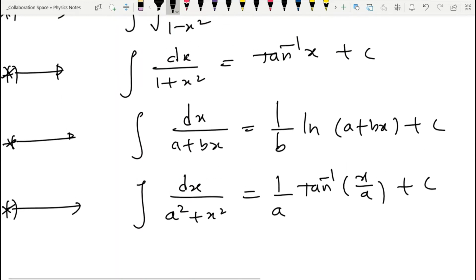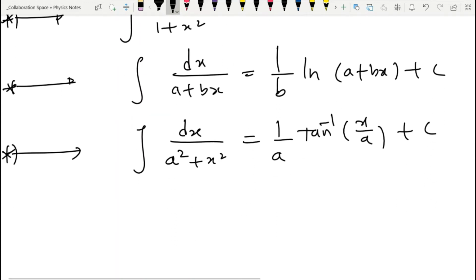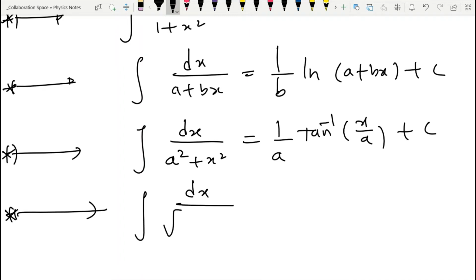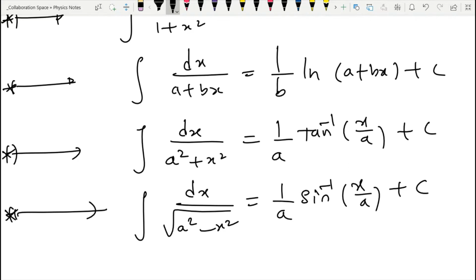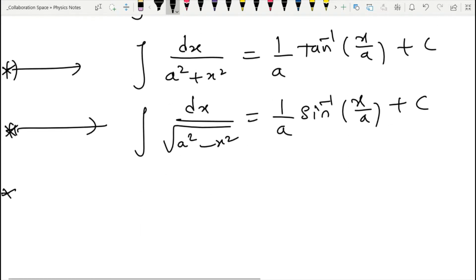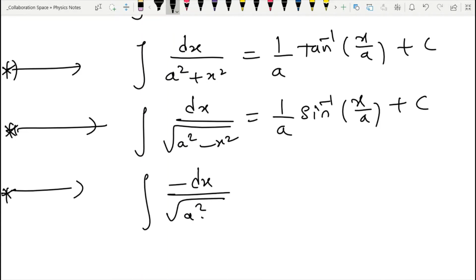In a similar manner, integration of dx divided by square root over a square minus x square is 1 by a sin inverse x by a plus c. Integration of minus dx divided by square root over a square minus x square is 1 by a cos inverse x by a plus c.